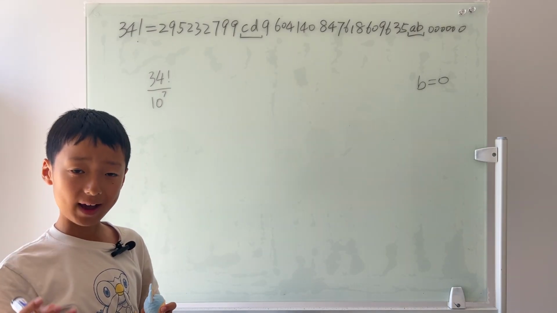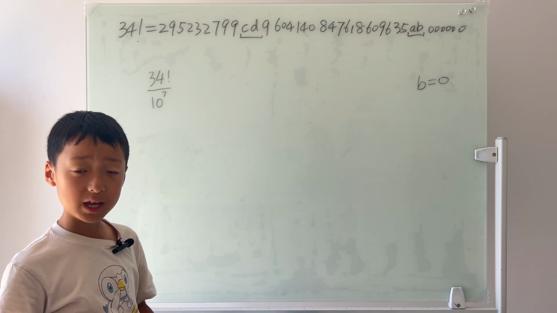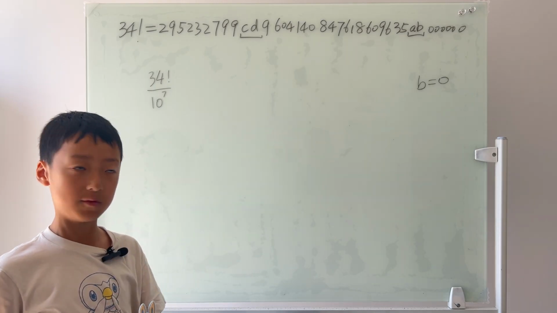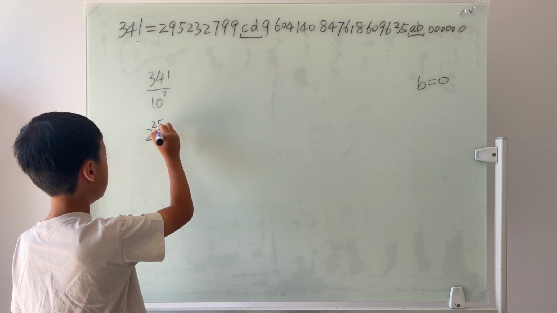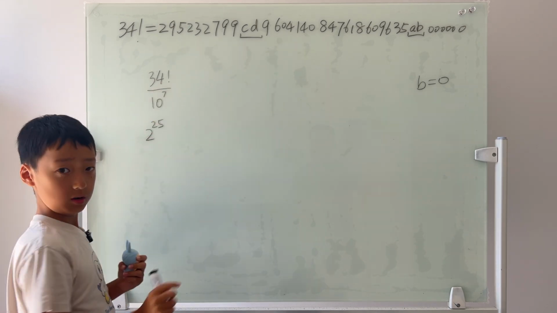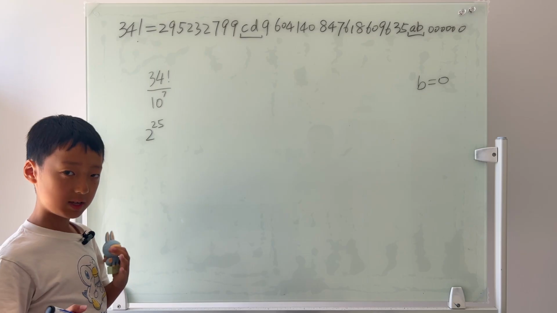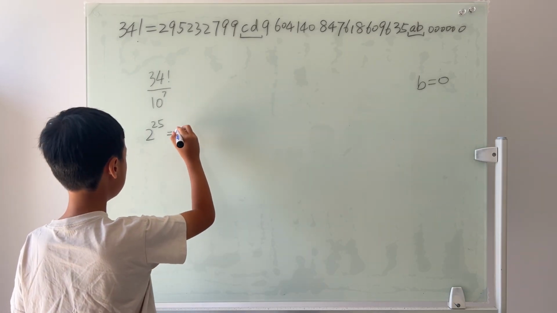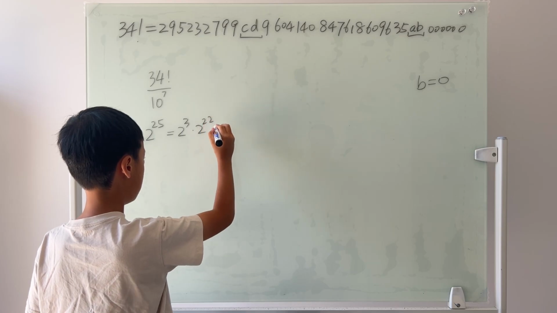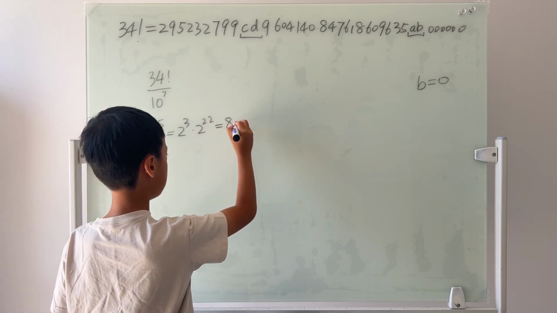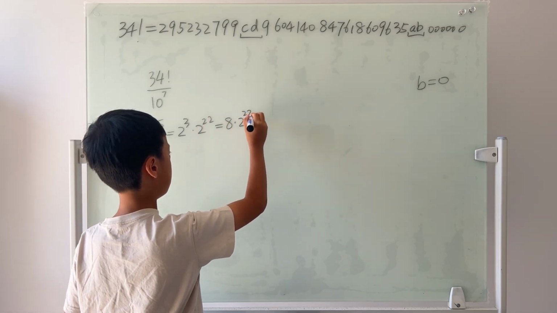Once we divide off the 10 to the power of 7, we only have the 2 to the power of 25, right? So this 2 to the power of 25 is still hidden within this number. And 2 to the power of 25 is 2 to the power of 3 times 2 to the power of 22, which is equal to 8 times 2 to the power of 22, right?